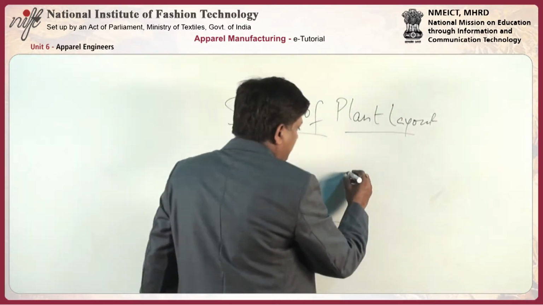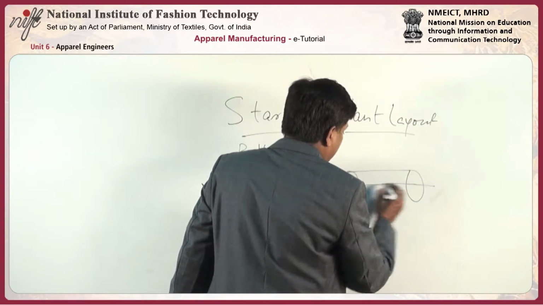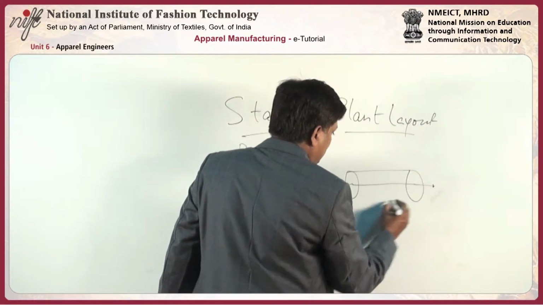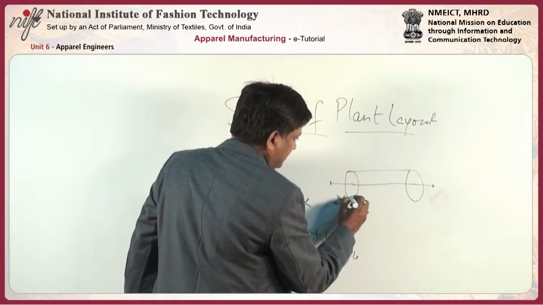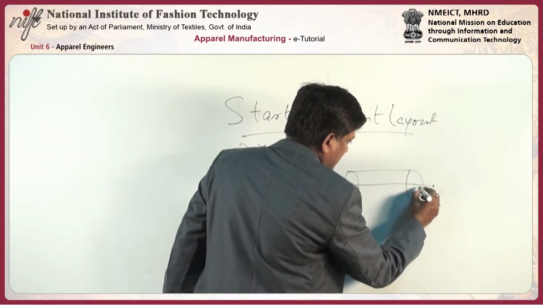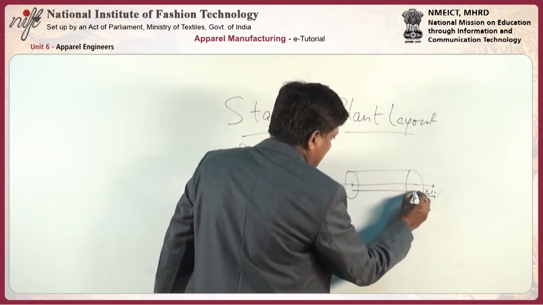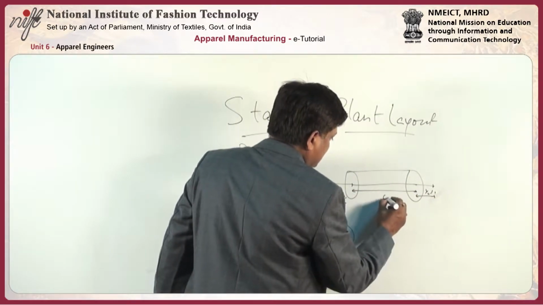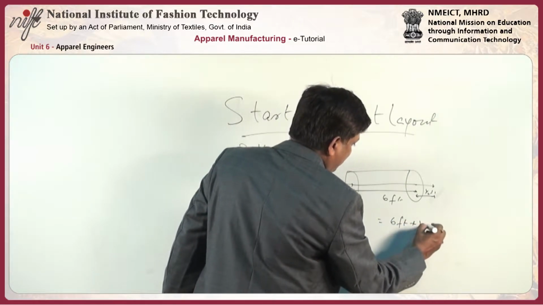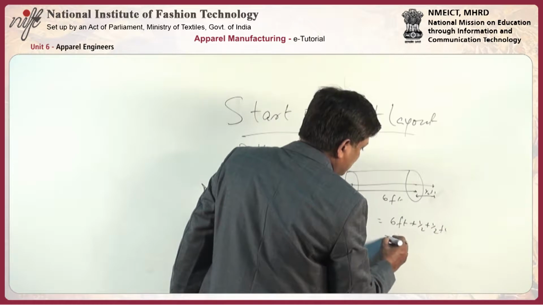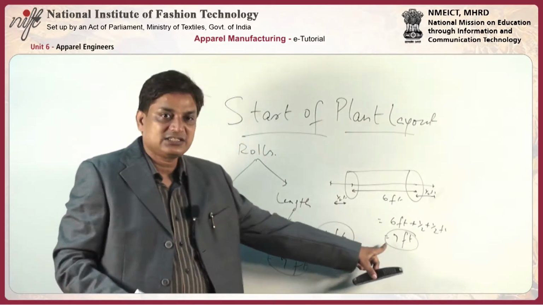Once we talk about the roll, it has a diameter, and the length of the roll is, here it's half feet, here it's half feet, and from here till here it is 6 feet. So 6 feet plus half feet on each side, total is 7 feet. Here we have taken the length as 7 feet.